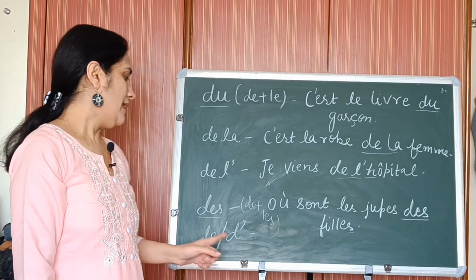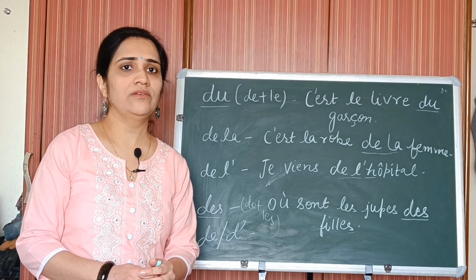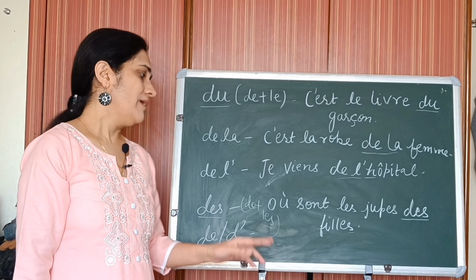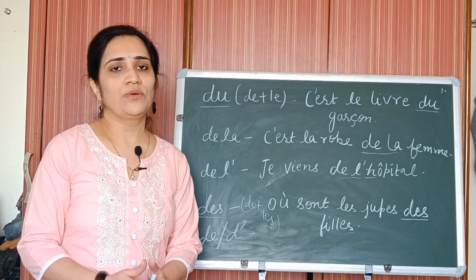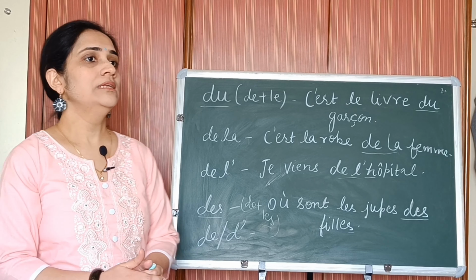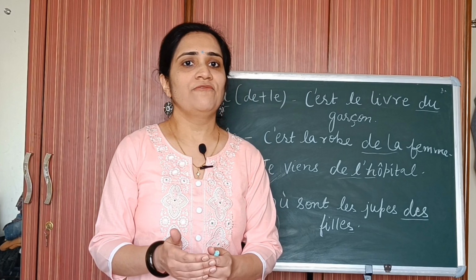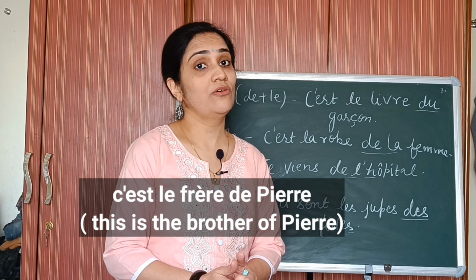De must be used with a proper noun beginning with a consonant, and d' must be used with those proper nouns which begin with vowels. Suppose for example, c'est le frère de Pierre. This is the brother of Pierre.